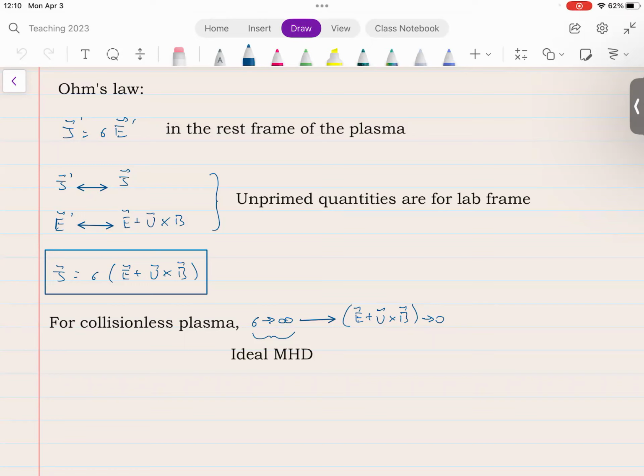And then one makes assumptions and simplifies the Ohm's law to the expression that we have above. I'm not even certain I want to write the whole thing, and definitely don't want to derive it.